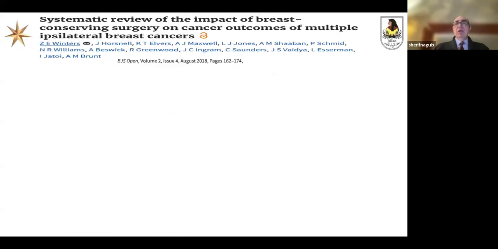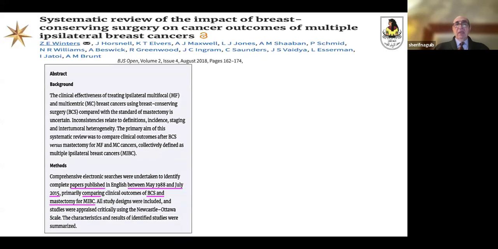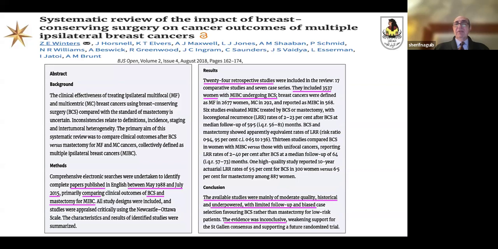A very important study is this one, which evaluated breast conservation in multiple ipsilateral breast cancer. This study is a multicentric study, and it evaluated papers that were published between 1988 and 2015 that compared breast conservation and mastectomy for multiple ipsilateral breast cancer.